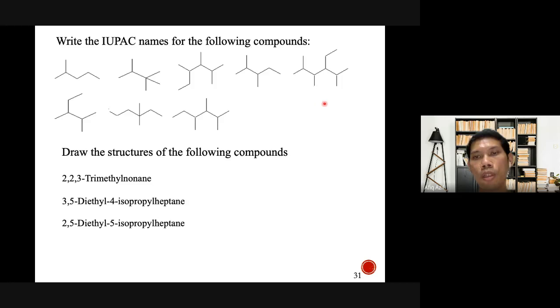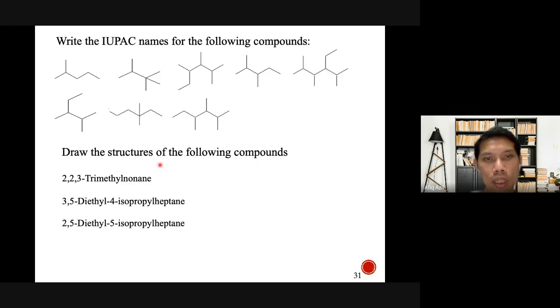So it should be written as 2,4,5-trimethyl hexane. So that is how the name should be written if there is more than one substituent.